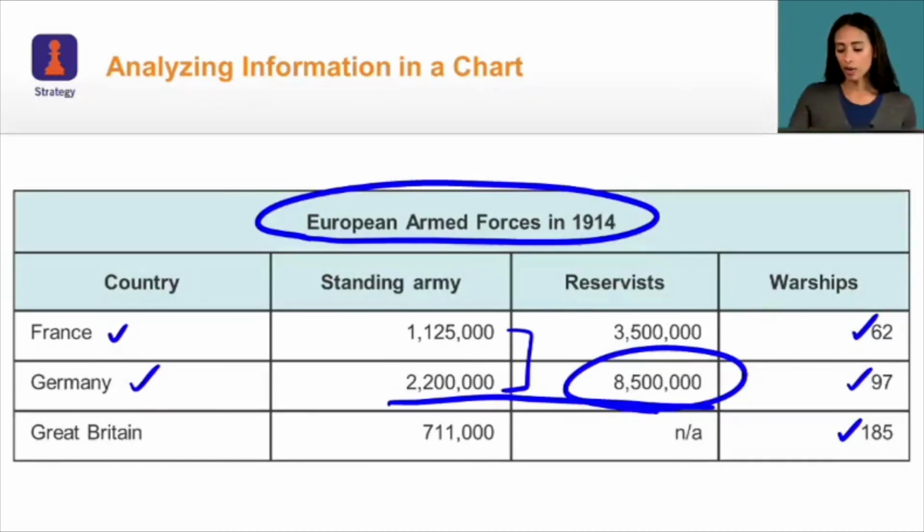As well, we might want to ask, why does Great Britain have such a large navy? Why so many warships? Well, remember, Britain controls 1/5 or 20% of the world's landmass going into World War I. So it wants to be able to not only control but protect all of its colonies at a moment's notice.